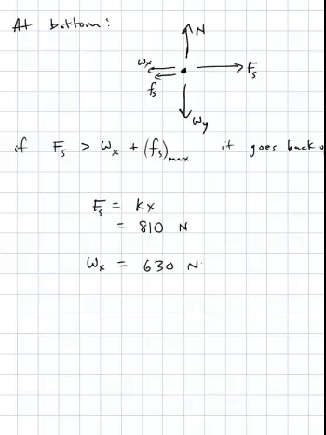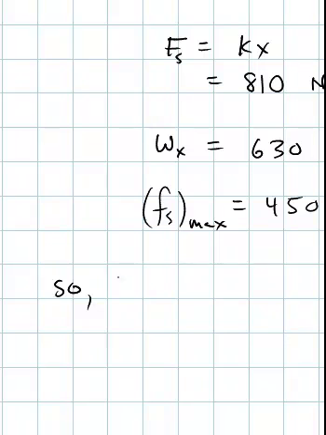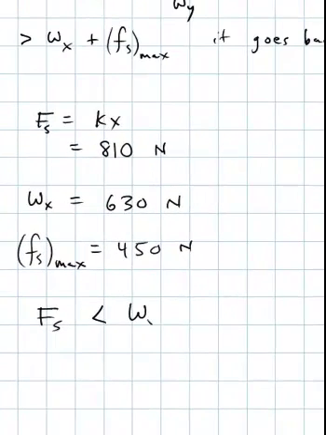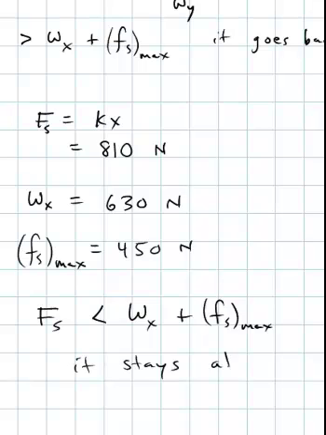And our maximum static friction force we found earlier, that's 450 newtons. So the spring force is less than the weight in the x direction plus the maximum static friction force. It stays at rest at the bottom.